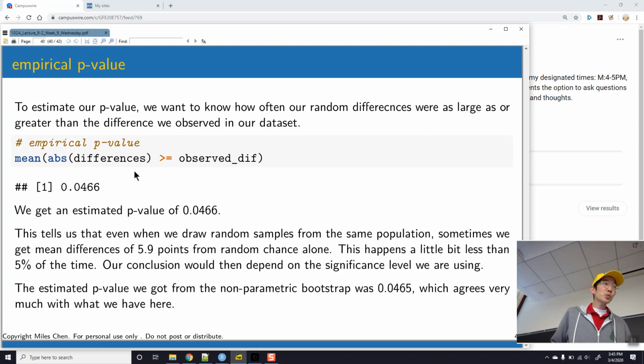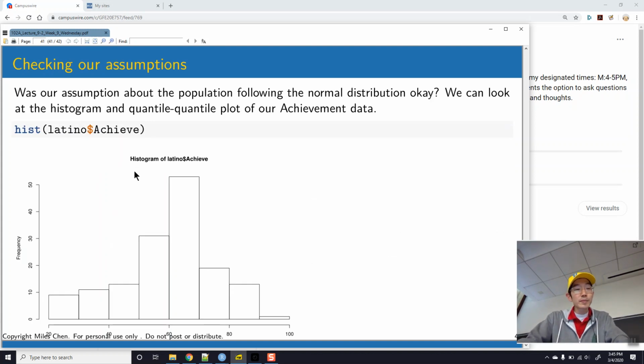Now, for this one, it's always a good idea to check your assumptions, okay? And so for the parametric bootstrap, the assumption we made was that the population is normal. Maybe that's a good assumption, maybe not, right? So we should check this. This is what the distribution of 150 scores look like. Does this look like it could have come from a normal population?